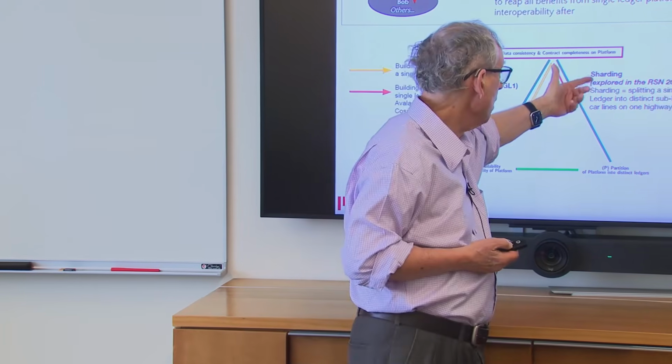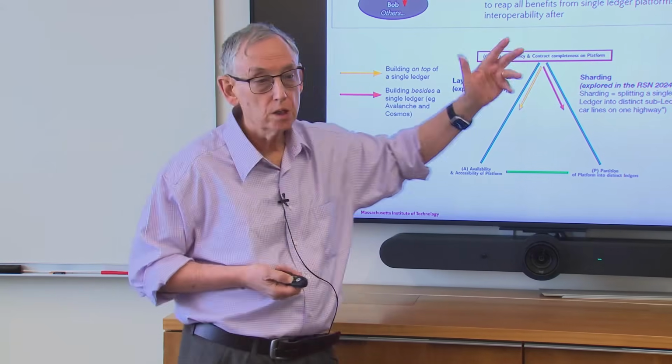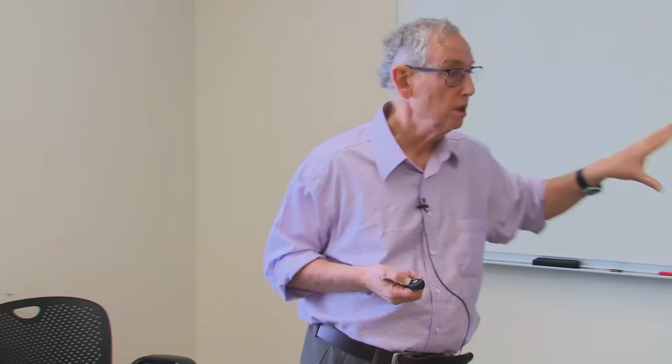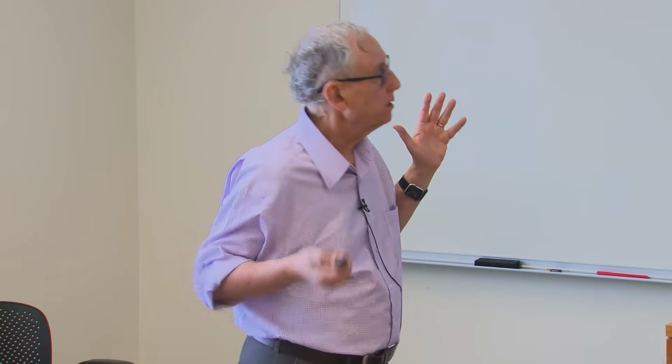There's something called sharding, which basically is splitting the single database into sub-ledgers in order to facilitate processing, or the sort of layer 1, layer 2, which, as a reminder, I showed you last time, which is you have a smart contract and participants agree that it functions the way they wanted it to.